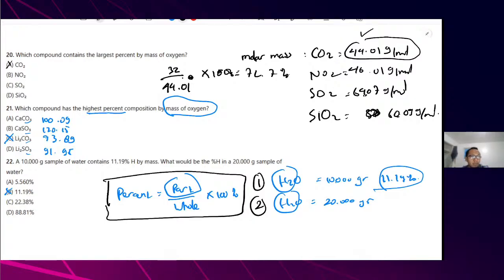This is the concept, and it is so important. Remember that percent composition doesn't change with sample size as long as the ratio is still the same. All right, remember that part.